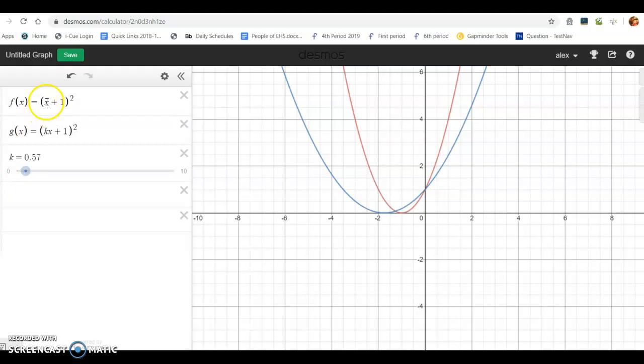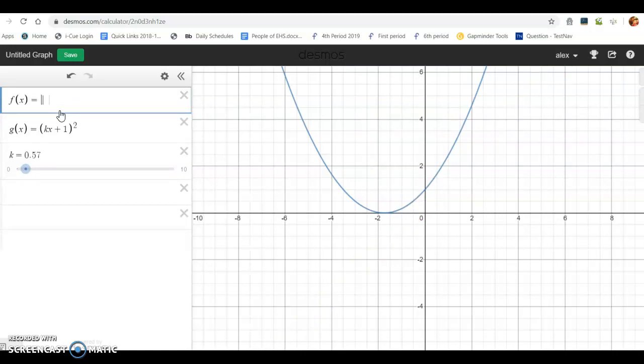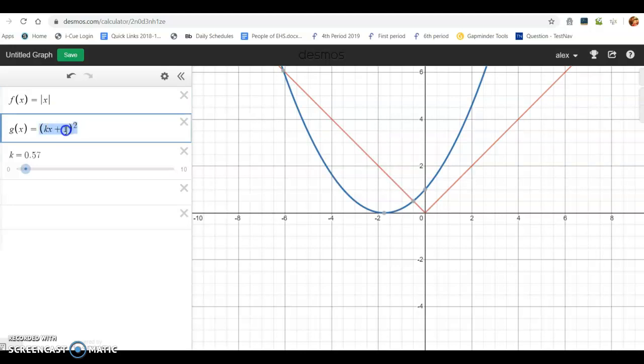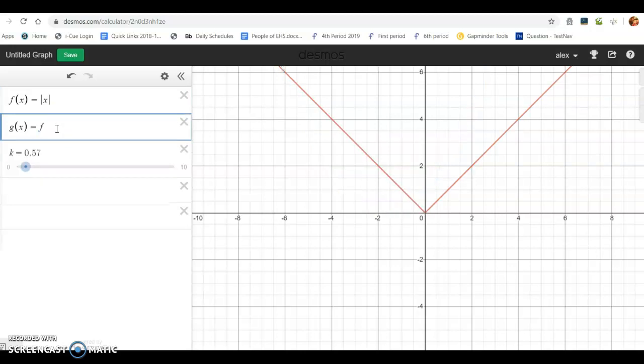All right. So we can also change this function so that it's something else. Let's make it the absolute value function. Let's look at just the absolute value of x. I didn't make this dependent on f, so I'm going to make it look more like what I have in the notes, where I have f of k times x.